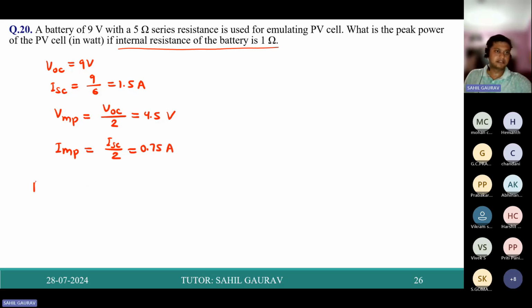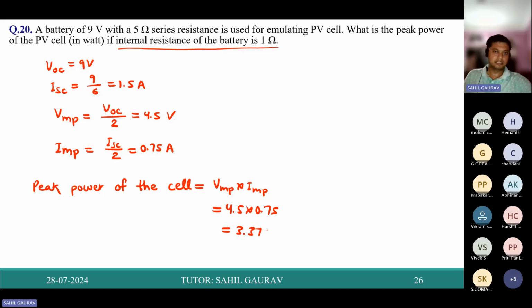So the peak power of the cell will be VMP into IMP, so 4.5 into 0.75, which is 3.375 watt. This is the answer, and the range is given as 3.3 to 3.2.